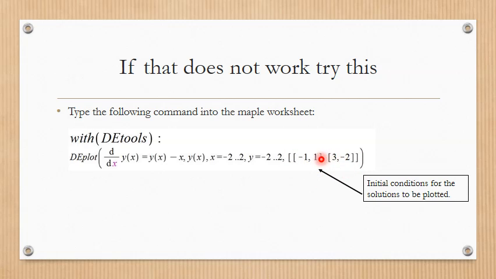I have a pair of initial conditions here. If you just wanted one, you would eliminate this part and the comma, and you'd still need the second square bracket. So this is one initial condition, an x, y point, and another x, y point, and so I have two initial conditions that we plot.